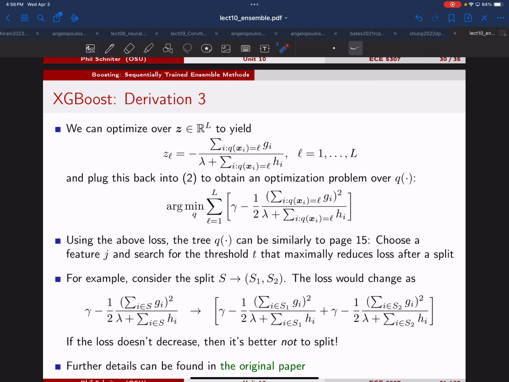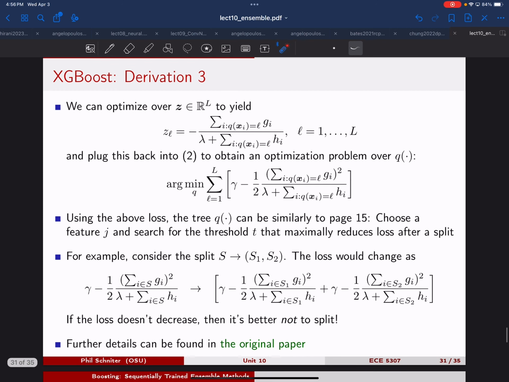So it looks kind of complicated, but the way we approach it is the same way we design trees always. We just do this top-down method. So for example, at the very first stage, we start with our full training data. We call all the training indices S, and we're trying to figure out a way to split this into two subsets, S1 and S2.